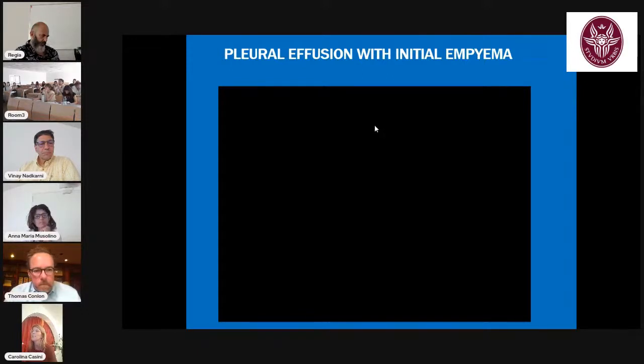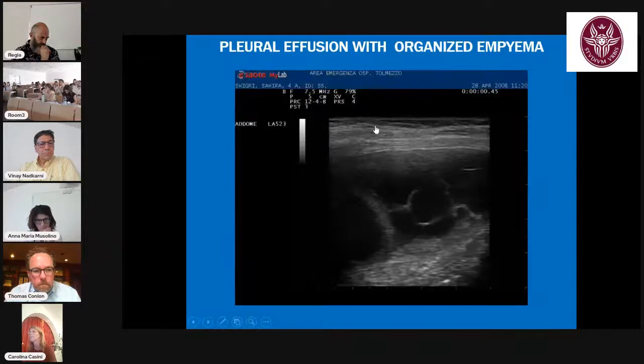Look what happens when the empyema organizes and the fibrin branches start to grow in separate rooms.